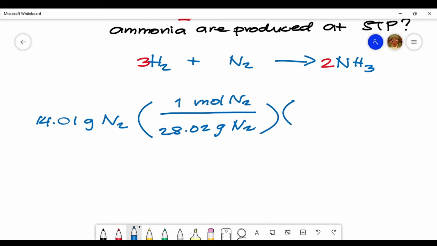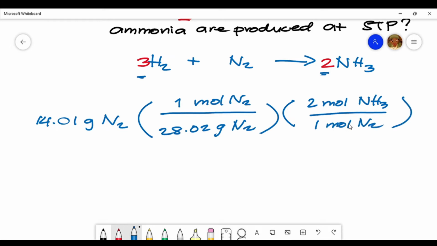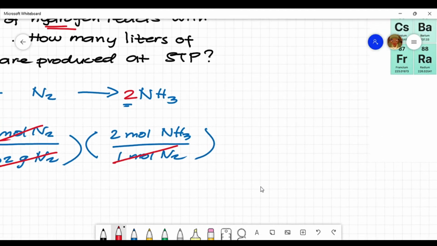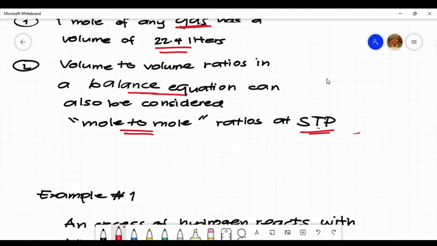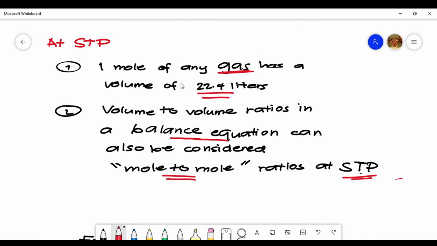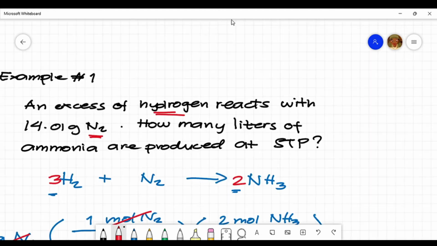Then we look for the mole to mole ratio. We have these moles in the product and reactant side. We have 2 moles of NH3 has 1 mole of N2. Note that we want to cancel this one and arrive at liters of NH3, or ammonia. So this one is also cancelled. And then we use the first rule, where 1 mole of any gas has a volume of 22.4 liters.